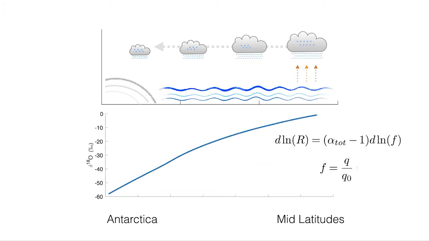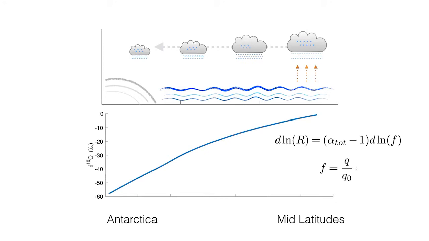Now, every time water changes phase, it can fractionate. What happens is the heavier isotopes preferentially want to be in the lower energy state. So in this case, going from vapor to, say, liquid precipitation, the heavier isotopes are going to prefer to be in the liquid.